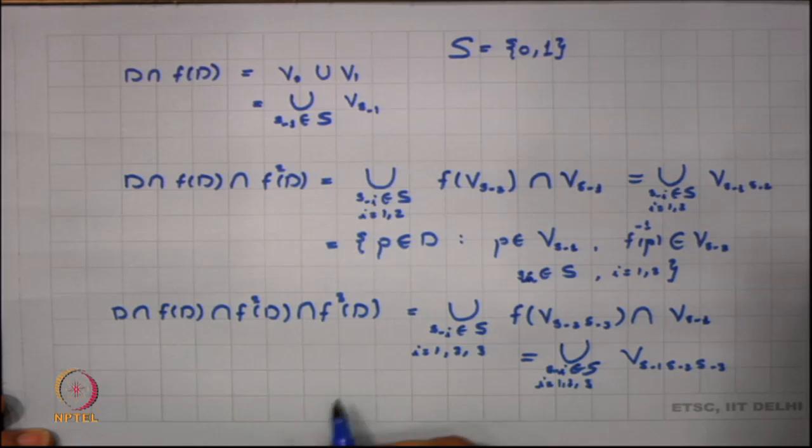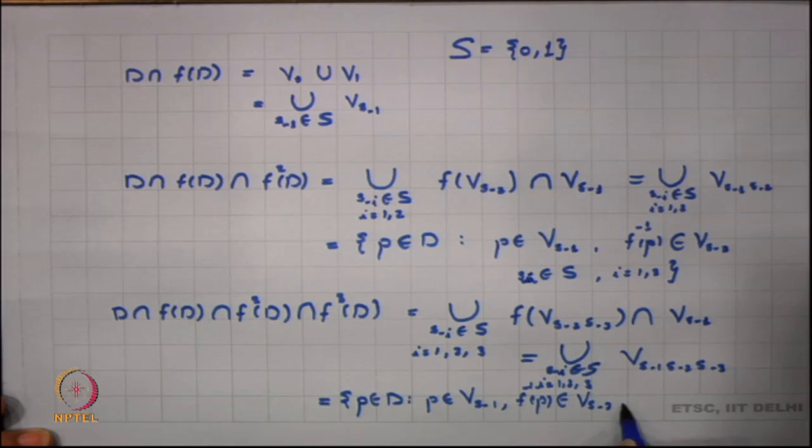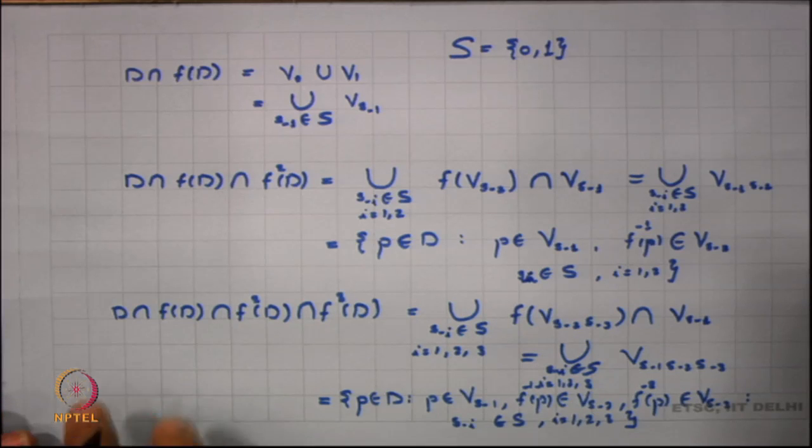And if you look at what these points are, they are exactly those points P in D such that P belongs to V_{S-1}, F inverse P belongs to V_{S-2}, and F^{-2} of P belongs to V_{S-3}, where again my S_{-i} belongs to S and i is 1, 2, 3. So, I know that this set is of this particular form.